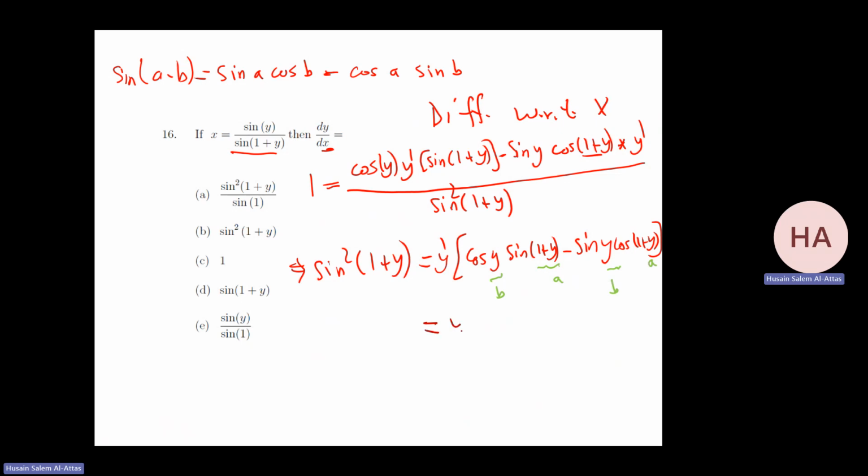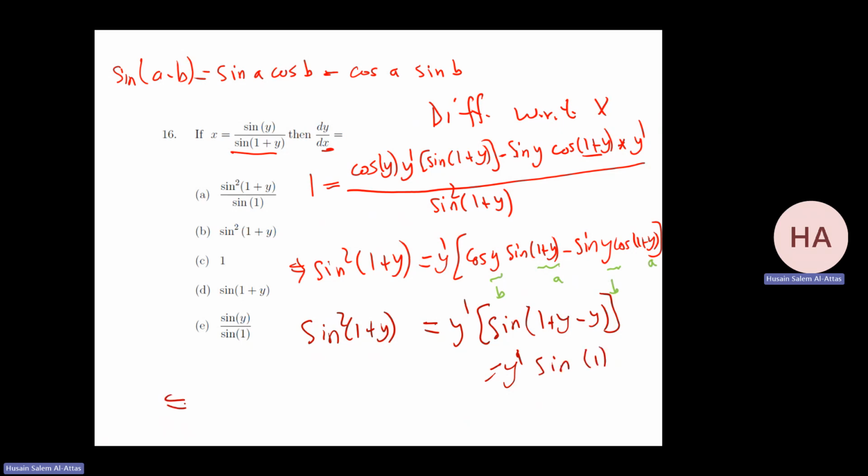So that will be y prime sine of A, which is (1 plus y), minus B. And this is sine squared (1 plus y). That is y prime sine 1. So y prime will be sine squared (1 plus y) over sine 1. That's it.